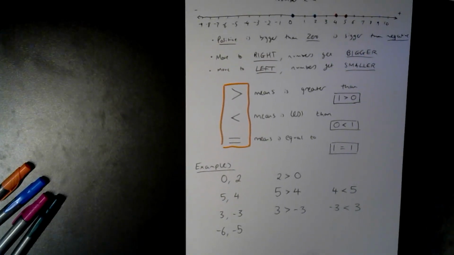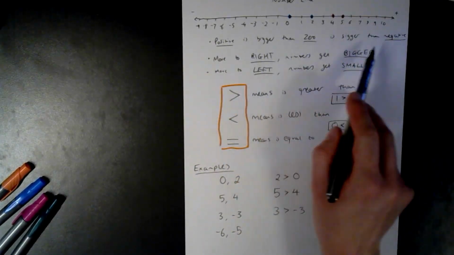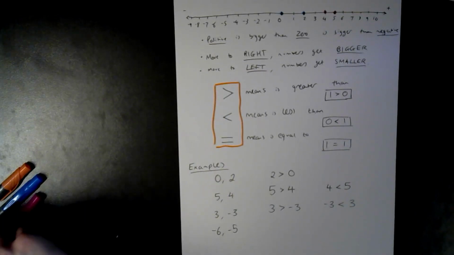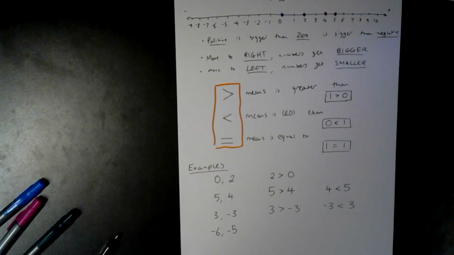Okay, and just onto this last example now. We have negative 6 and negative 5. Two negative numbers, so we can't skip that step using this fact up here. What we're going to have to do instead is look at the number line and mark them on.